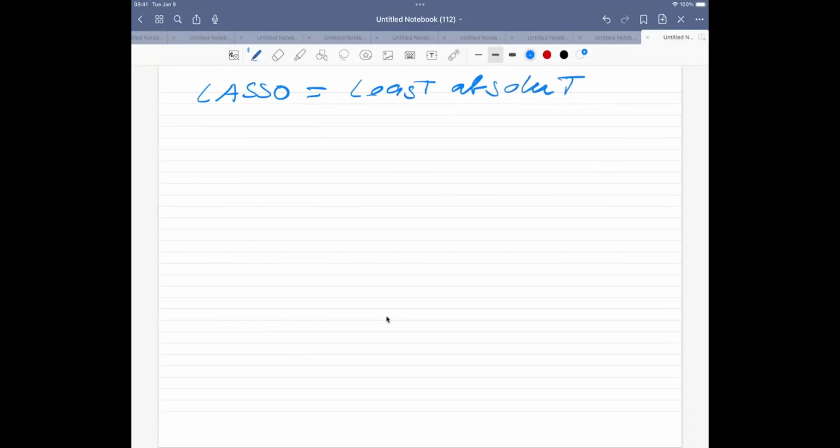I always have to write this down because I never remember it. And we will come back to why we call this shrinkage.